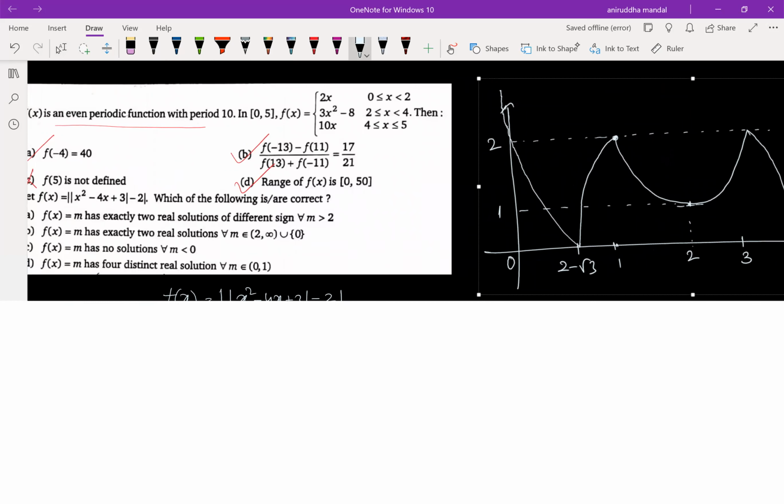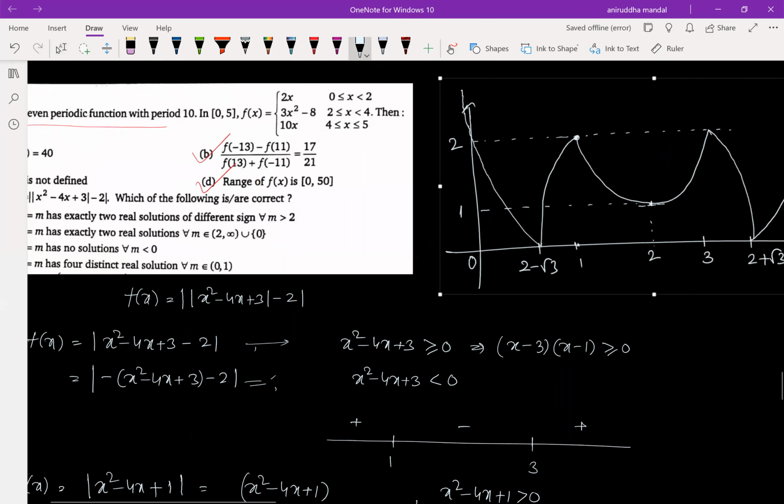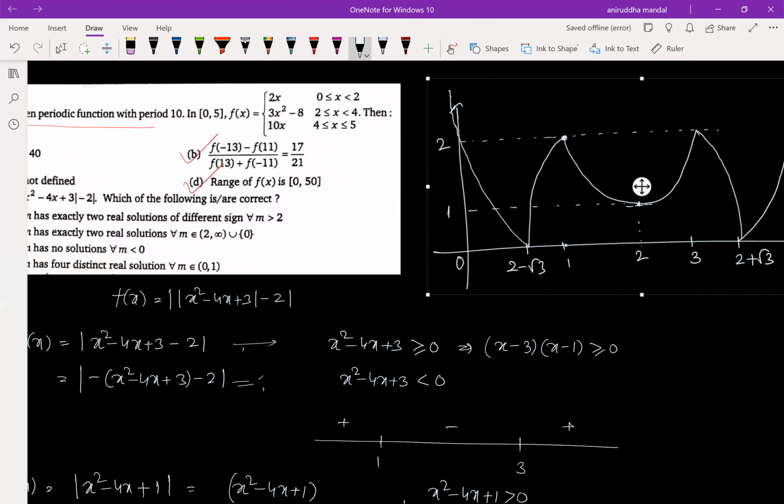So our first option is f(x) equal to m has exactly two real roots for m greater than 2. So m greater than 2 means f(x) is greater than 2.